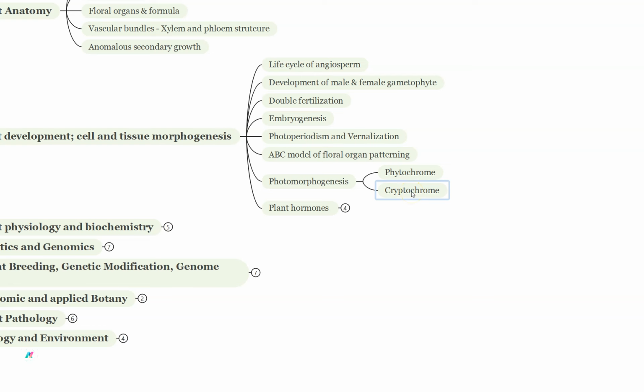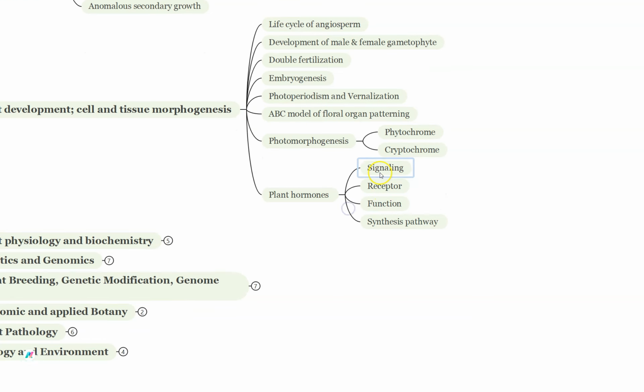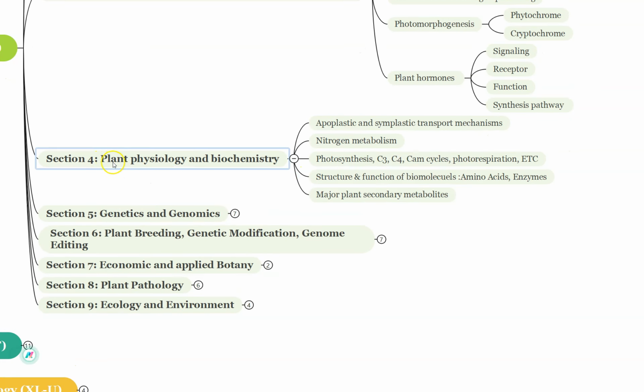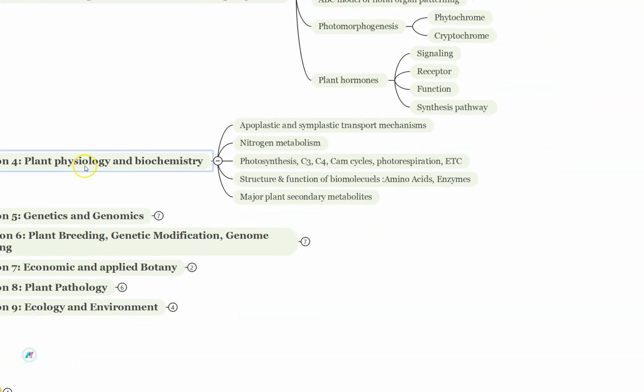Then cryptochrome as well. Then from plant hormones, you have to study all the components involved like signaling, receptors, function, and also the biosynthetic pathways. From section 4, that is plant physiology and biochemistry, apoplastic and symplastic transport mechanisms, again nitrogen metabolism, which will also include fixation, the process and the enzymes involved, then photosynthesis, C3, C4, CAM cycle, photorespiration, electron transport chain.